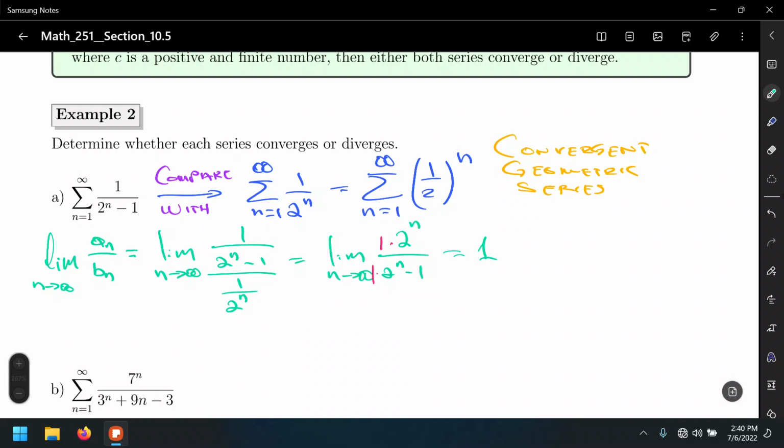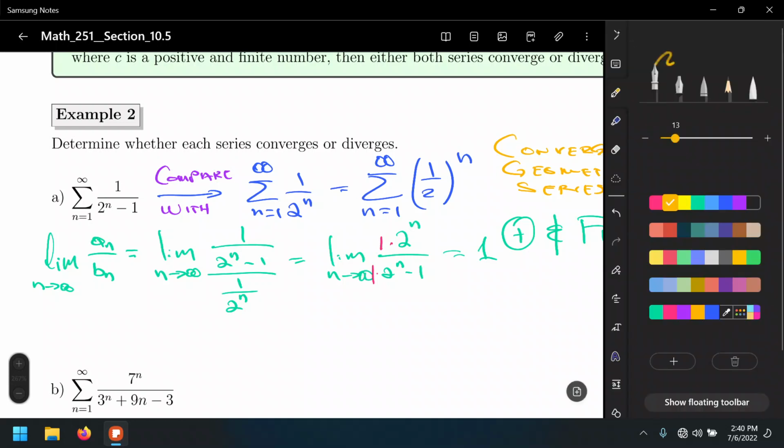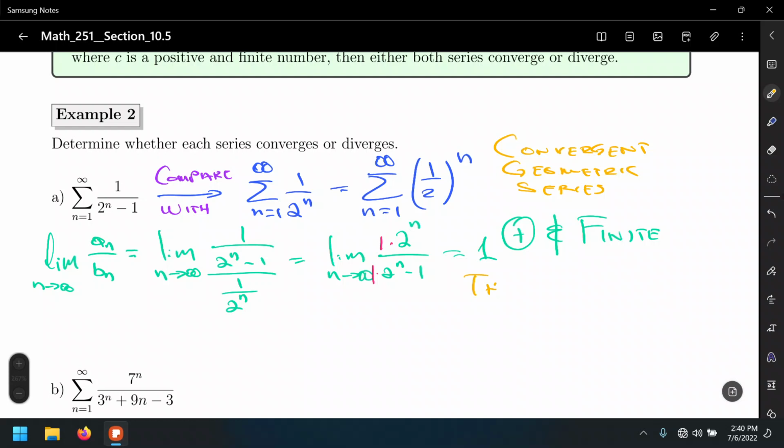Now, what about this number? The number 1, is this a positive value? Yes. Is this finite? Yes. We're good then. Positive and finite. Therefore, the original series will do exactly what the test series does, which in this case is to converge.